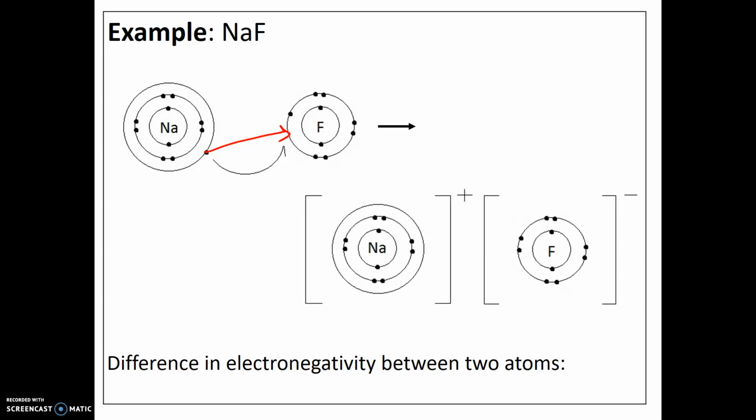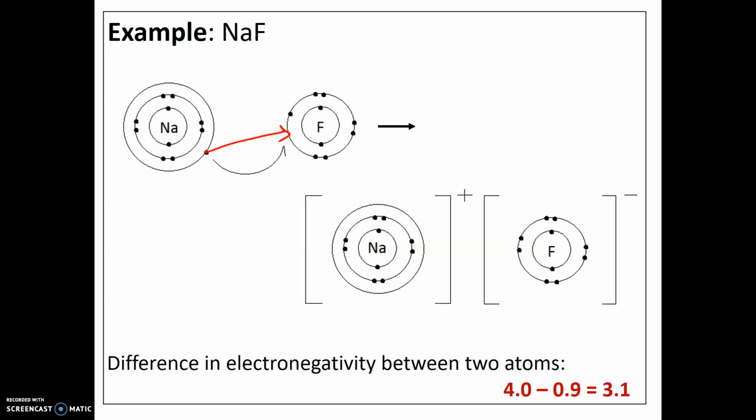We then show this as a positive charge around our sodium, a negative charge around our fluorine, and we show that the difference is 3.1. So that electrostatic difference is causing these two to come together and form a compound, being an ionic compound.